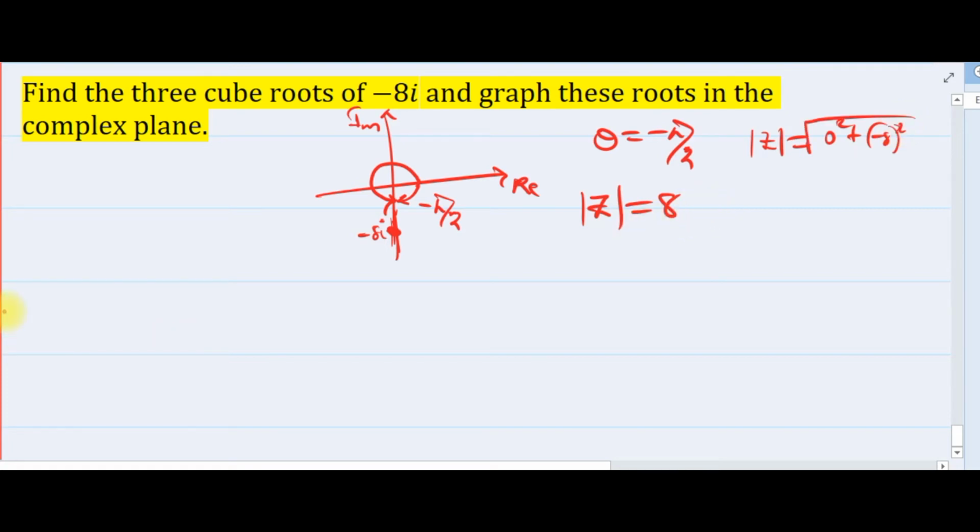So let's now find the nth root. Each of the nth roots differs by a fixed angle.